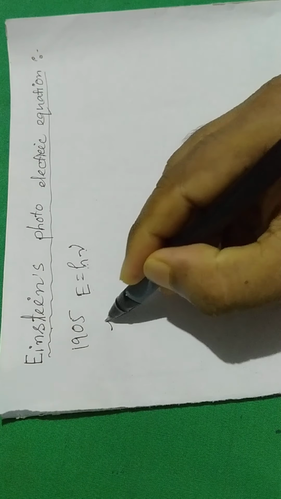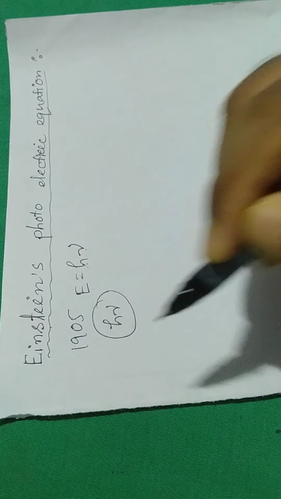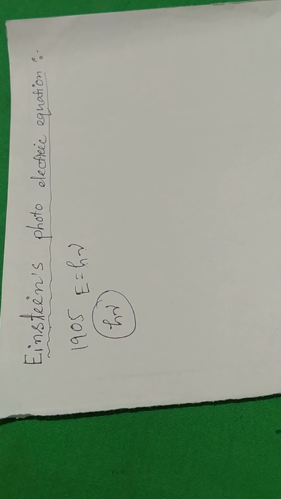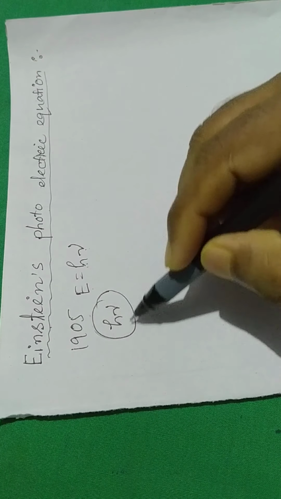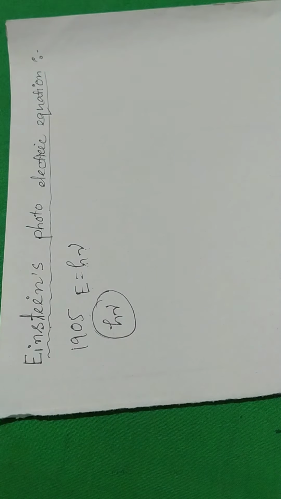According to Einstein, when a photon of energy h nu falls on a metal surface, the energy of the photon is absorbed by a free electron in the metal.